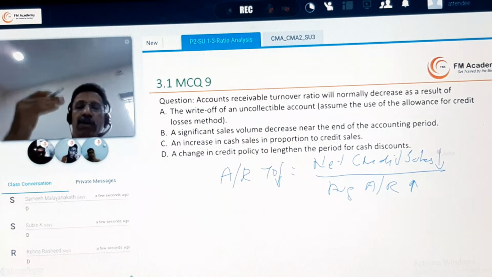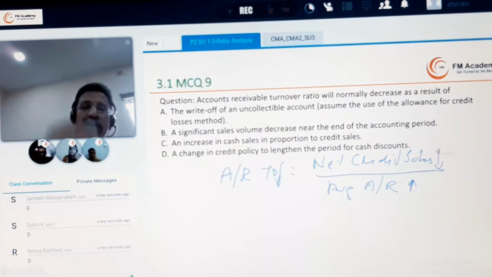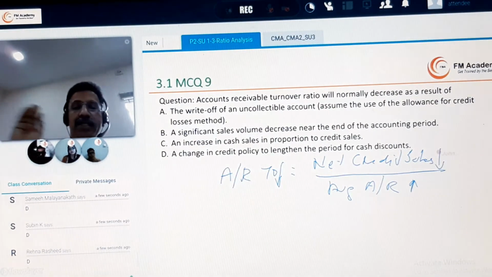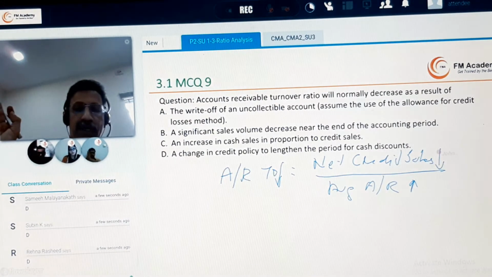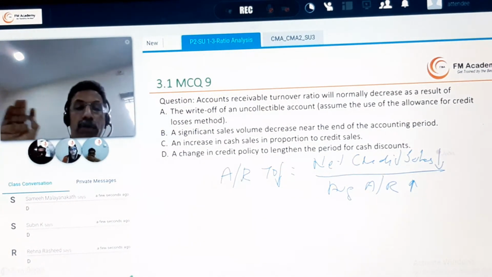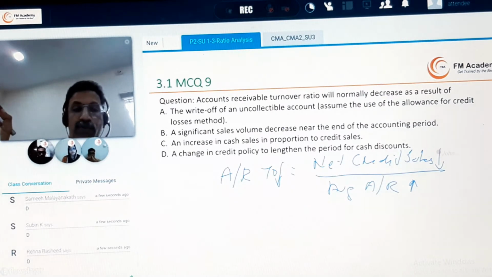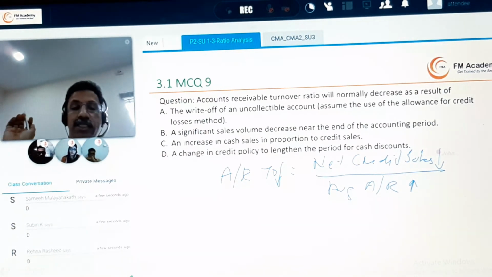So account receivable and allowance come down by the same number, and in the balance sheet there will not be any impact, right? So the account receivable will not be changing when you write off. So with the write-off of an uncollectible account, when the denominator is not changing and the numerator is not changing, there will not be any change in the account receivable turnover.